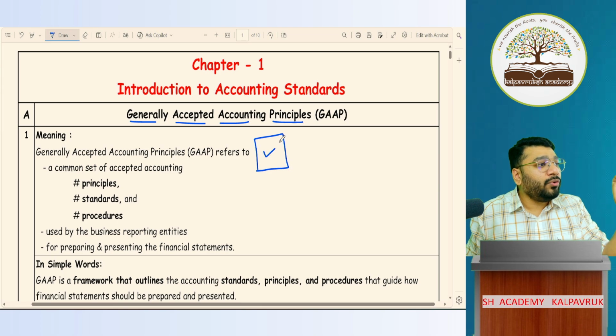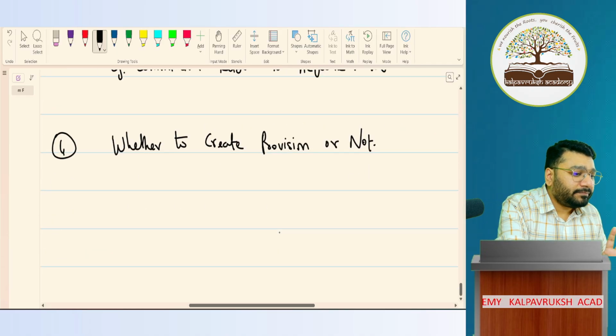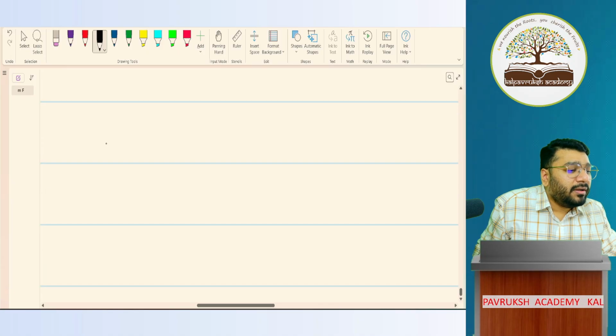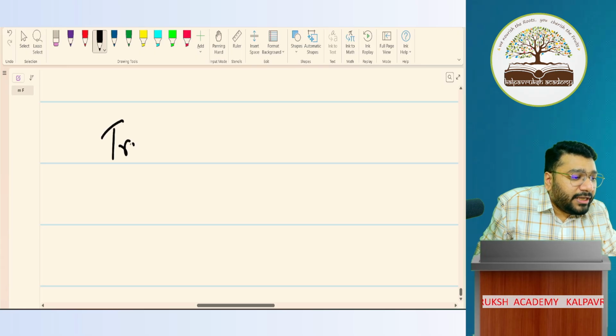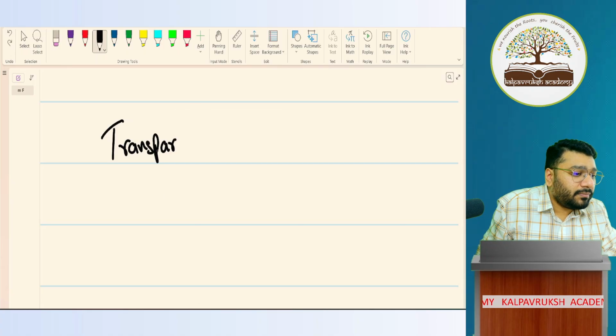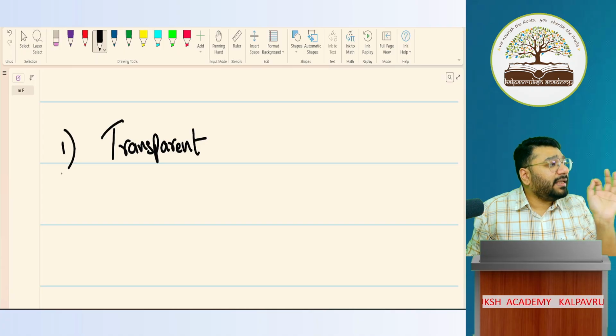There are a few essential characteristics of a financial statement. Can you please tell what they are? A financial statement should, first of all, be transparent. Very important. The first characteristic is that it has to be transparent.